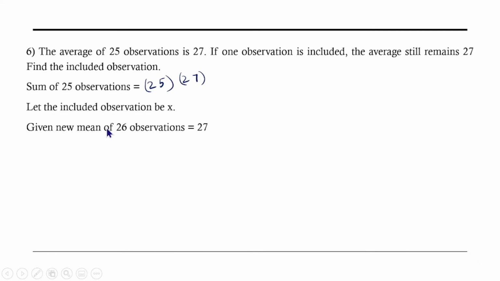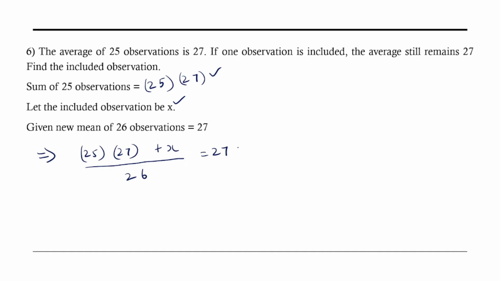So this mean of 26 observations is nothing but the sum of 25 observations plus x upon 26 is equal to 27. So (25 into 27 plus the 26th observation x) upon 26 is equal to 27.